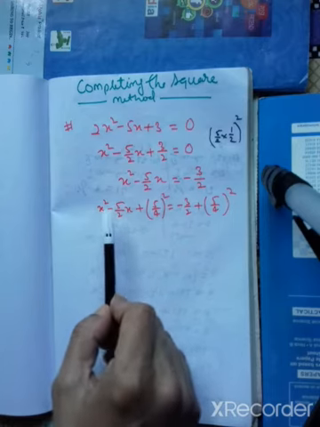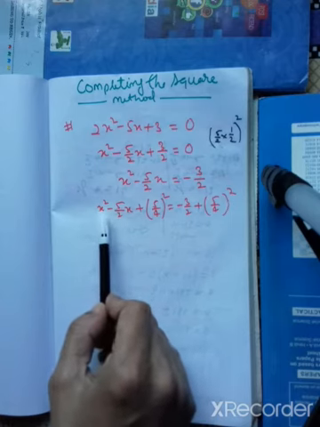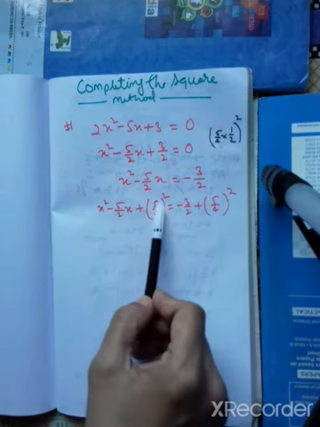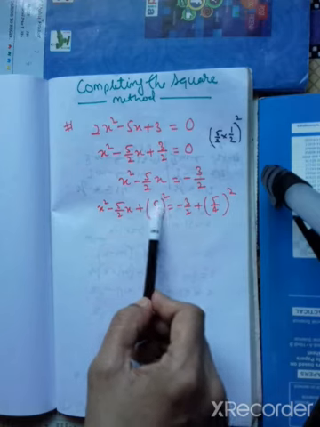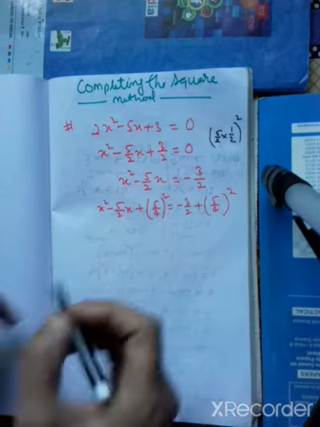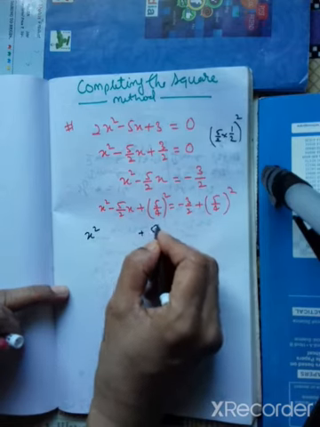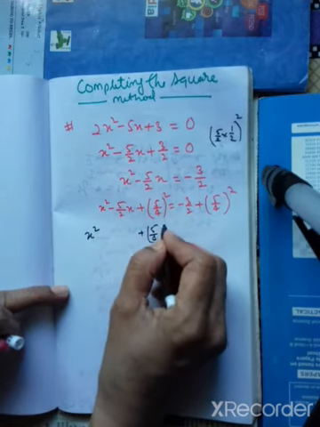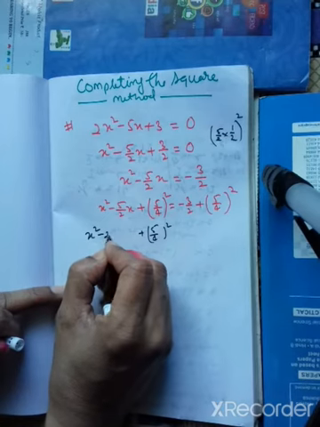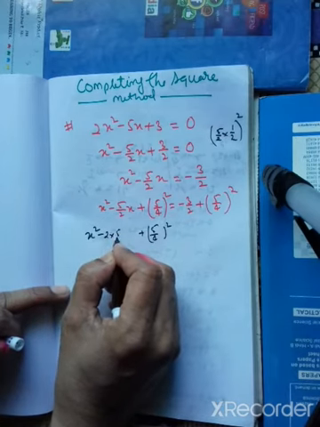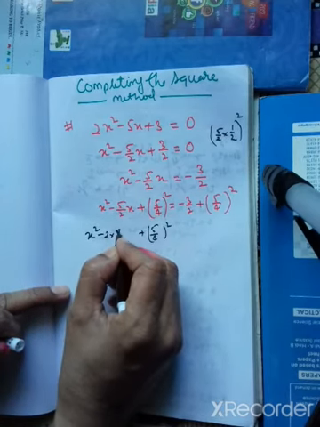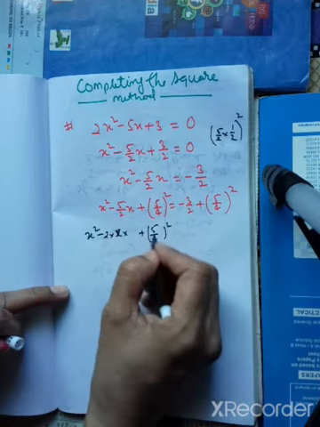If this is plus, this will be a plus b whole square. If you check this out, a square plus b square minus 2ab, where a is x and b is 5 by 4.